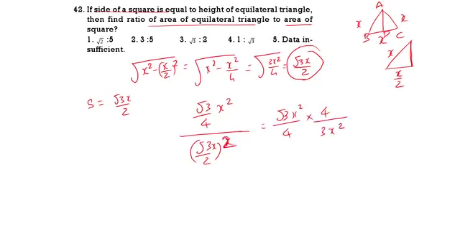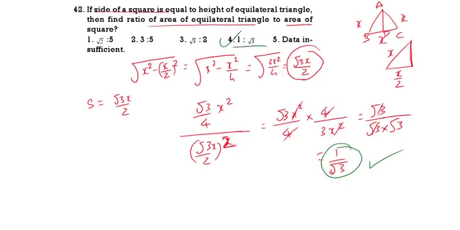Root 3 into root 3, 3 x square. Now x square cancel. 4 and 4 will cancel. Root 3 by 3. 3 can be written as root 3 into root 3. So that is 1 by root 3. 1 by root 3 is the correct answer. 1 is to root 3 is the correct answer. Option 4 is the correct answer. Then see the next question.